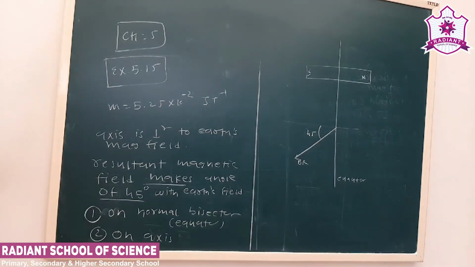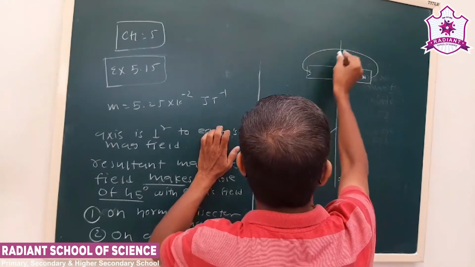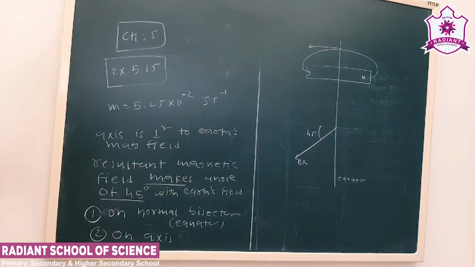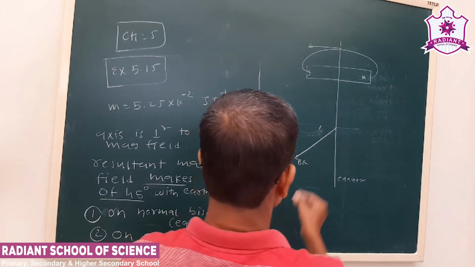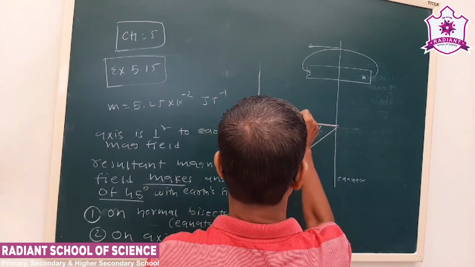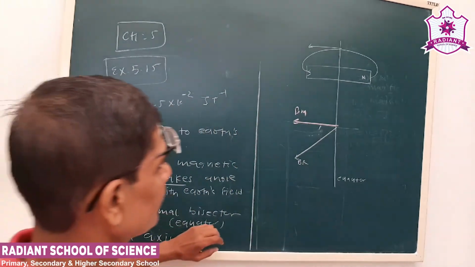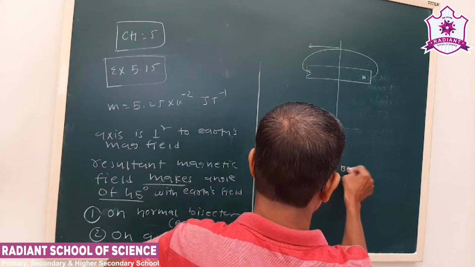Now see, the magnetic field of the bar magnet is from N to S. Now see the Earth's magnetic field BE.